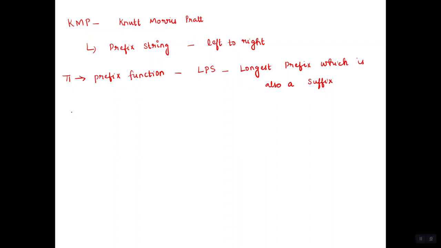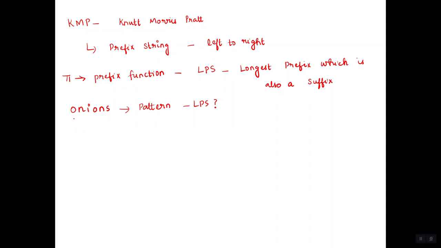Assume the word which I am going to consider is onions. Onions is the pattern which is given to me, which I have to compare against the text, and for which I need to calculate the LPS value. So we'll see how to calculate LPS.